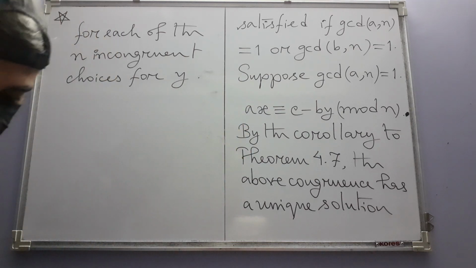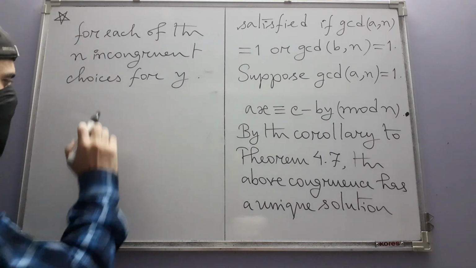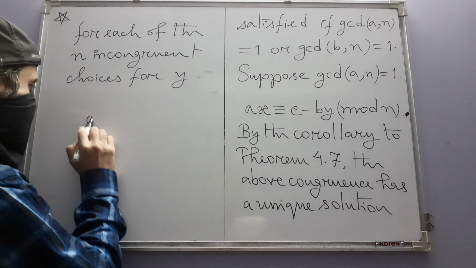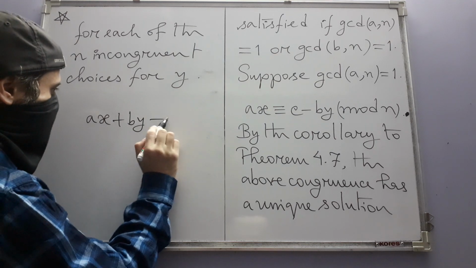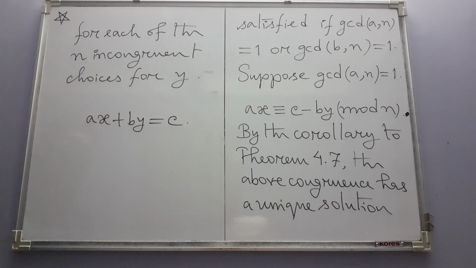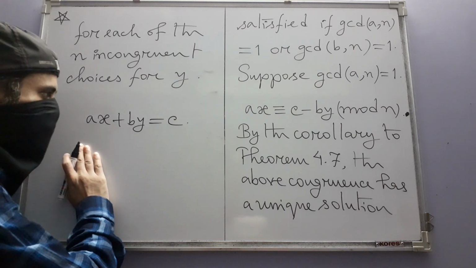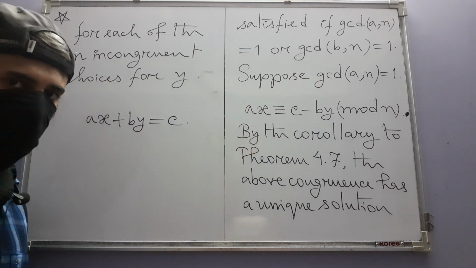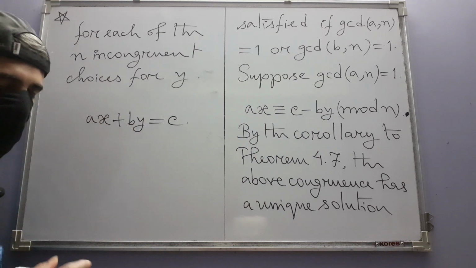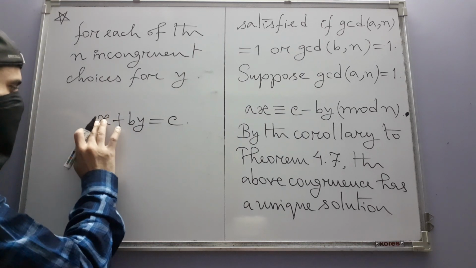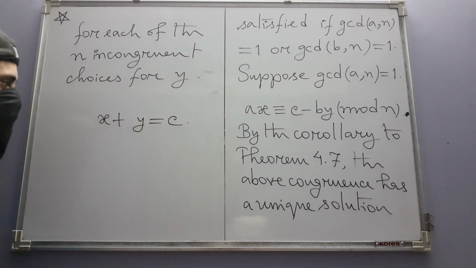It is somewhat like a single linear equation like this. If you have only one equation, there are infinitely many solutions of this equation, provided of course there are some conditions on this coefficient. Say for specificity, let me take x plus y equal to c.